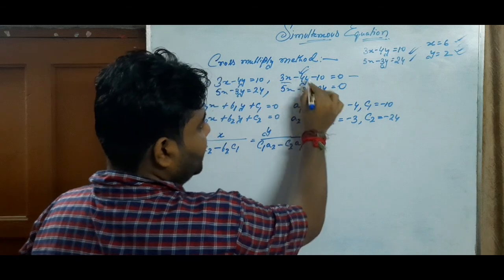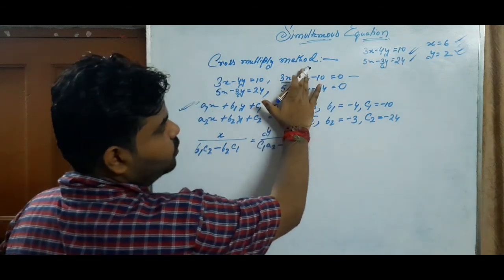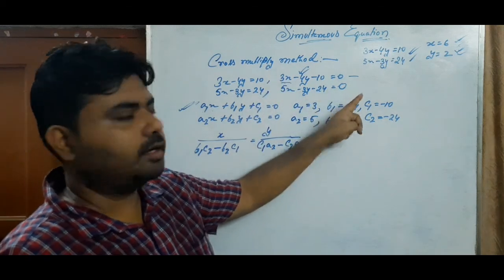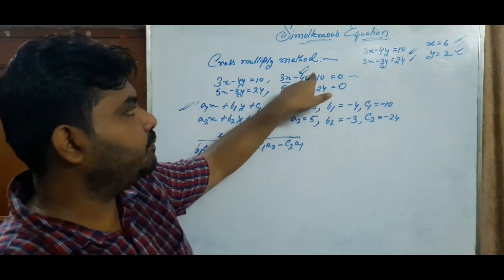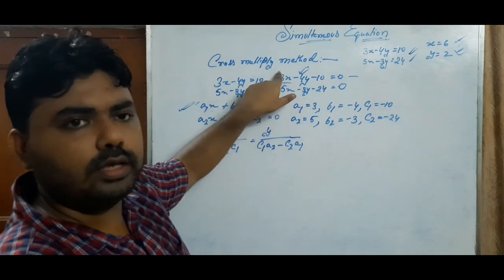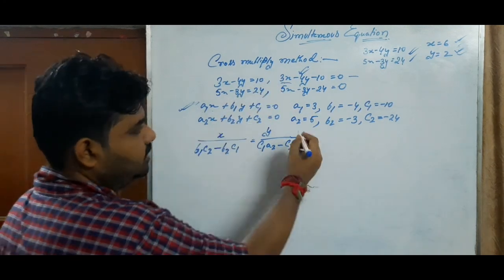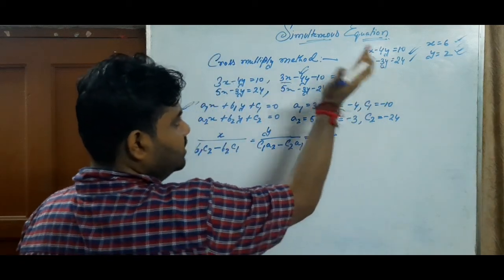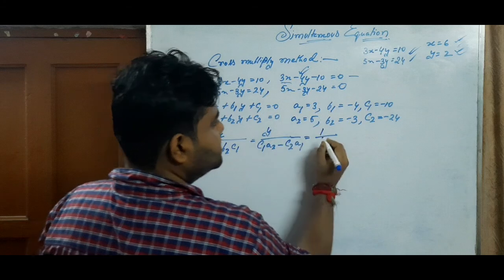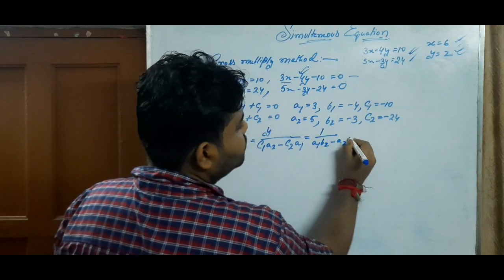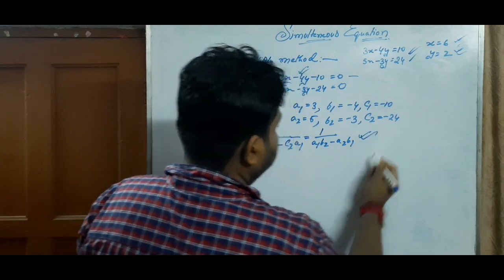We are taking y, so we will hide y and we will just take the next one, that is c1 and c2, that is c1 into a2 minus c2 into a1. Now the constant, that is 1, so we are hiding the constant. Just after that, that is x, that means a1 b2 minus a2 b1. So this is the method.